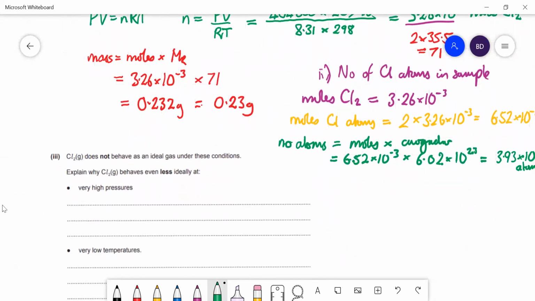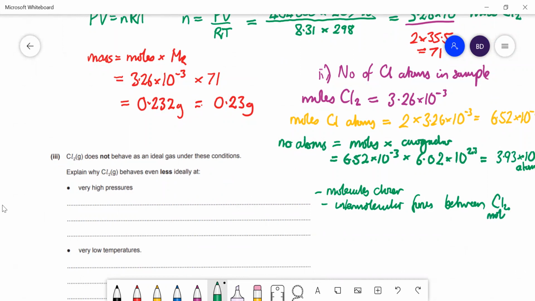Well, at very high pressures, the molecules become close to each other. And so there are intermolecular forces of attraction, obviously, between the Cl2 molecules.